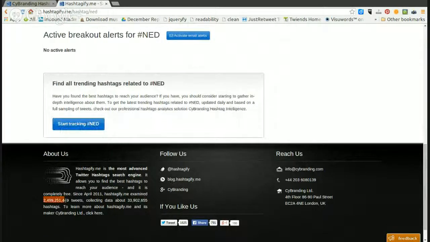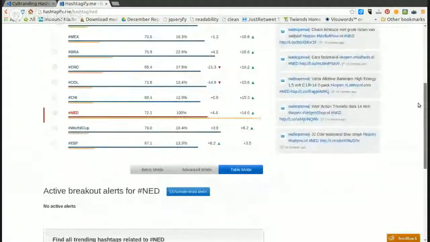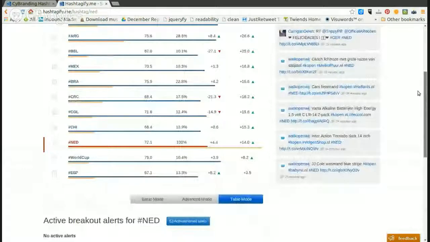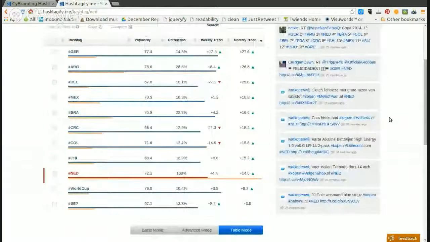We only examined 2 billion and 500 million tweets. So to get this information in this time and keep the tool free, of course, we cannot examine every tweet that is sent. And so sometimes it is very important to learn about the trend of your hashtags.